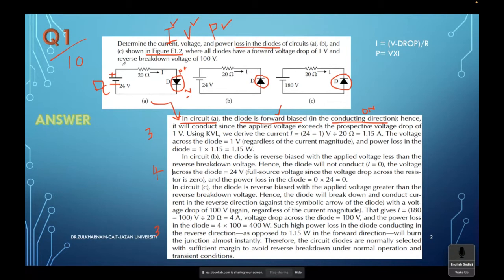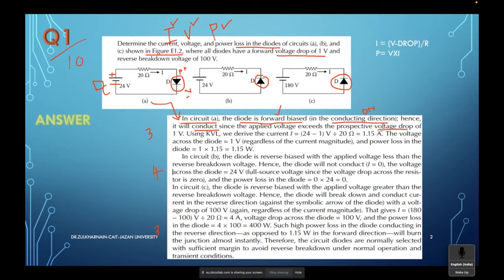Whenever such a state occurs, the diode will start working and conducting, so we need to have a voltage drop. What is the voltage drop? He has said 1 volt. In all these cases, he is saying a voltage drop exists. So this voltage drop we have to take care of in each of the cases.